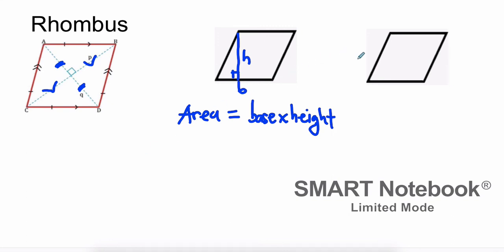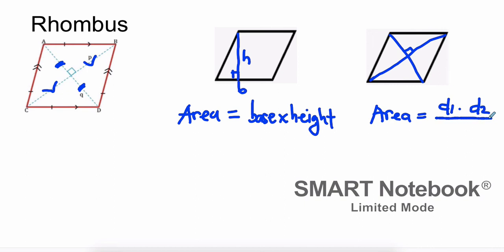If, let's say, what is given is the length of the two diagonals, and we know the two diagonals of a rhombus make a 90 degree angle, then you can use exactly the same formula as a kite. You multiply the two lengths of the diagonals and then divide by 2. So it's not so difficult. You just have to follow the formulas and try to find areas of the figures. Good luck.